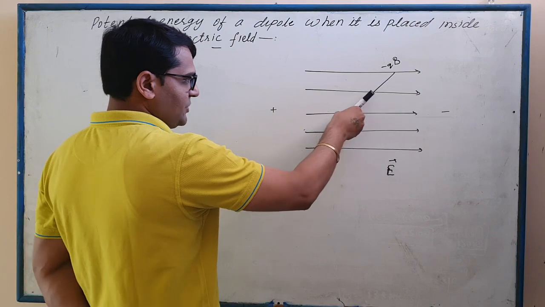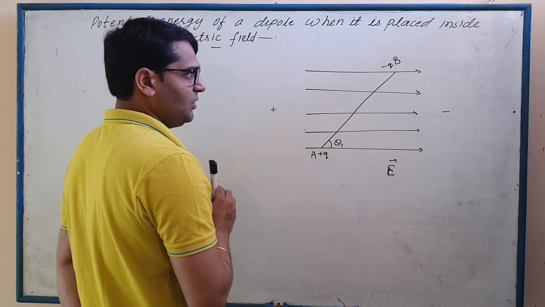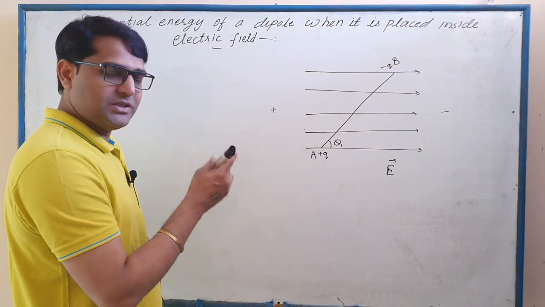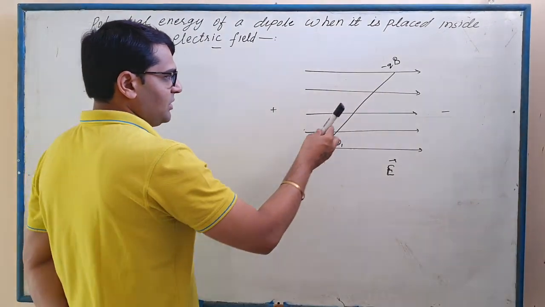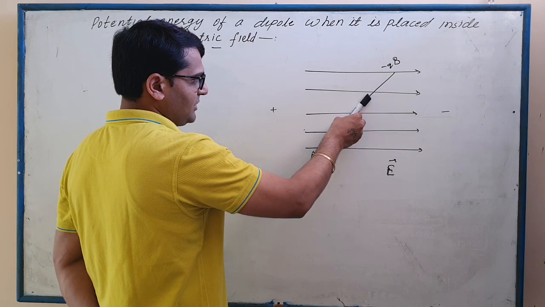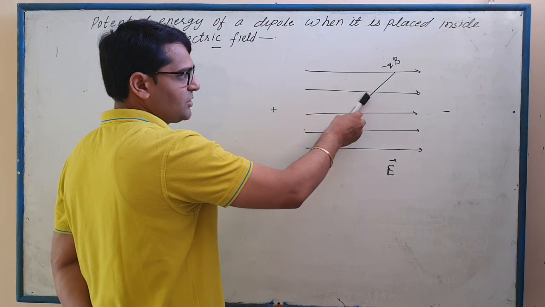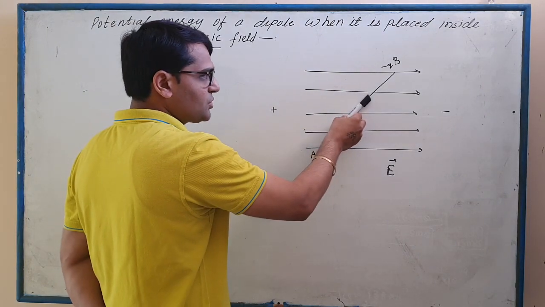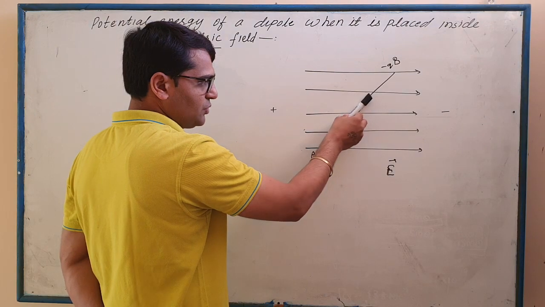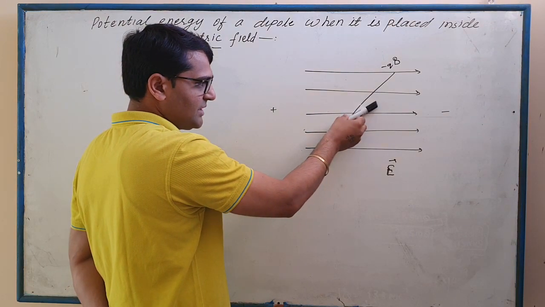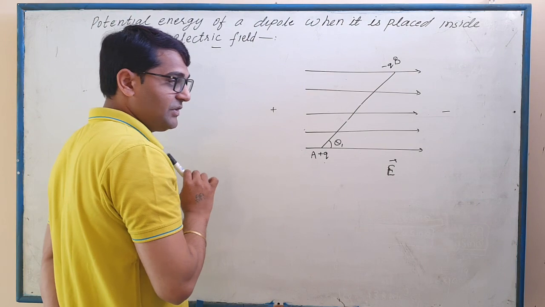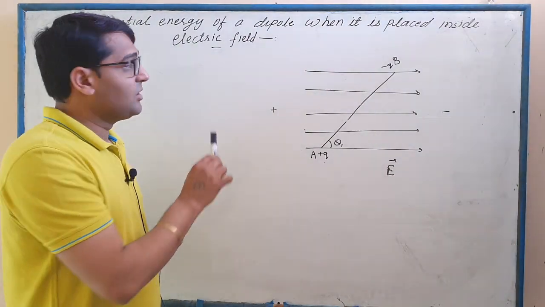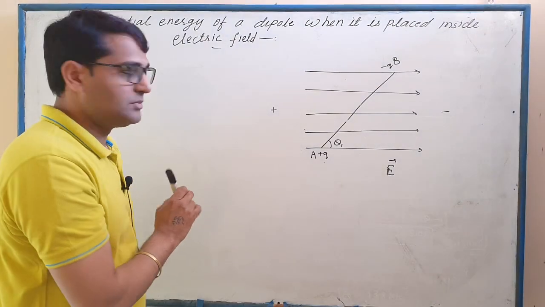Now if this is the initial position and we want to change the position of the dipole within the electric field, we want this dipole in this way, or we want this dipole in this way. So in both the conditions, we need to do some work to change the position or the angle of the dipole within the field. That amount of work done is known as potential energy of the dipole.